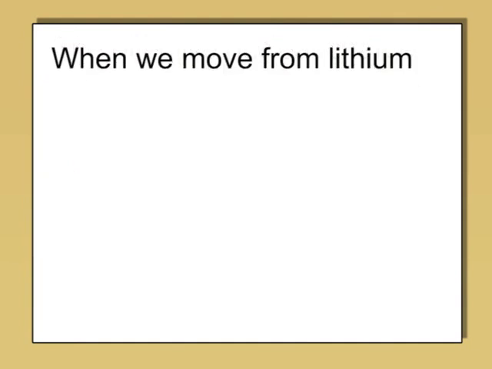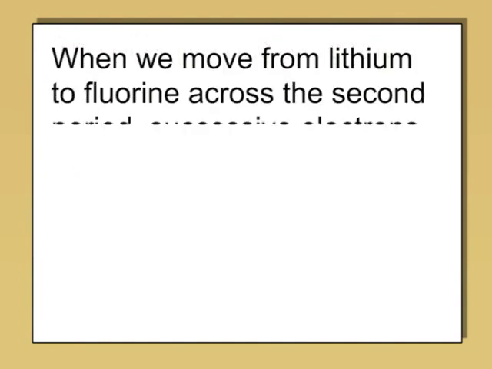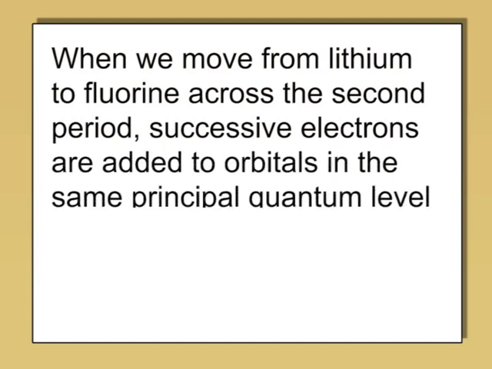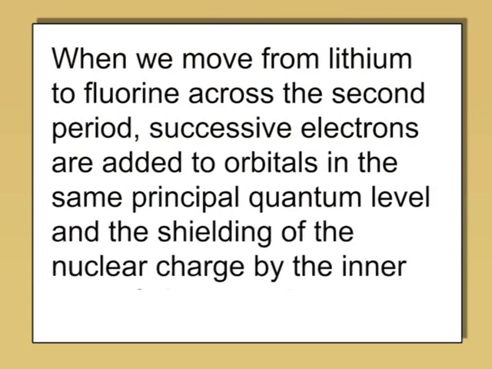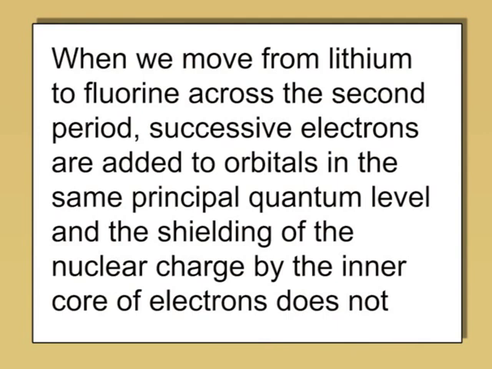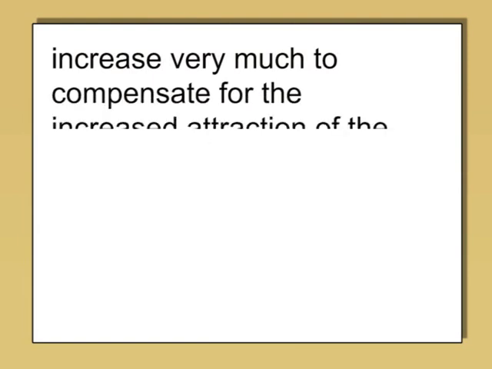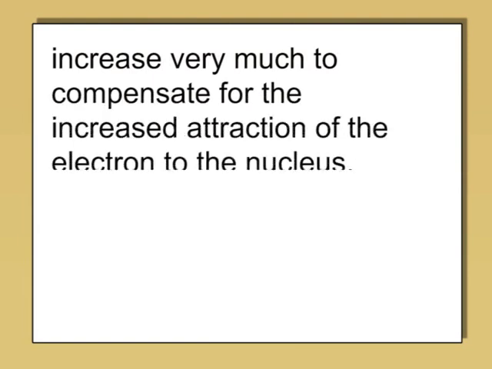When we move from lithium to fluorine across the second period, successive electrons are added to orbitals in the same principal quantum level, and the shielding of the nuclear charge by the inner core of electrons does not increase very much to compensate for the increased attraction of the electrons to the nucleus.